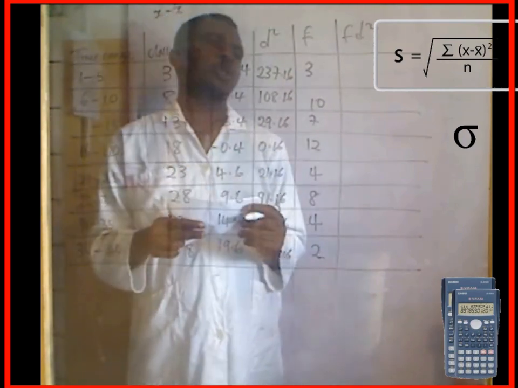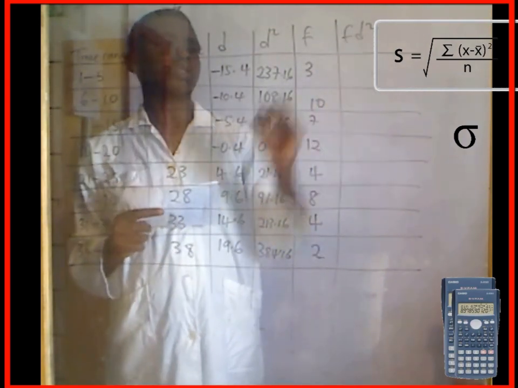What is the product between the frequency and deviation square?